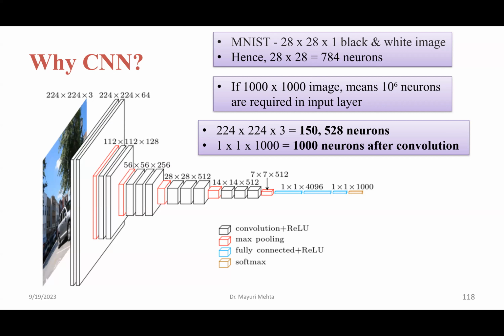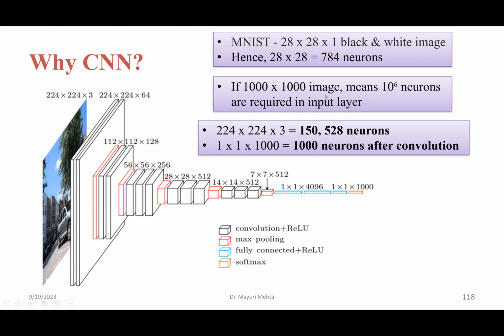That means 10 raised to 6 pixels are there in your image, and to process those, 10 raised to 6 neurons are required in your input layer. This seems a huge number of neurons, and it is computationally ineffective, right? It is computationally ineffective to have this many neurons in the input layer.